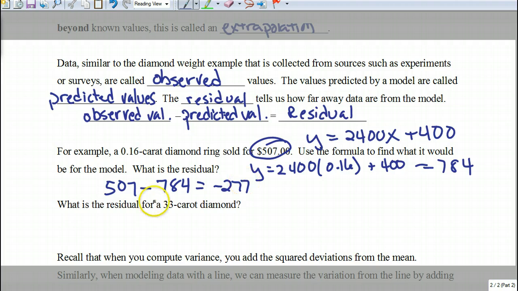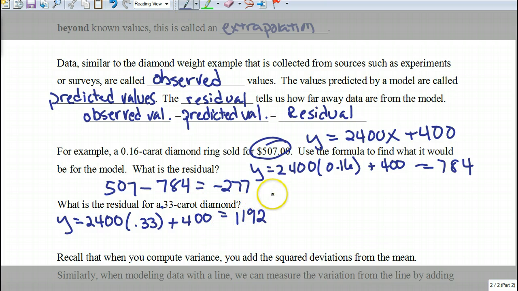I could do the same thing for a 0.33 carat diamond. That would be y equals 2,400 times 0.33 plus 400. Okay, so for this one we would get 1,192.